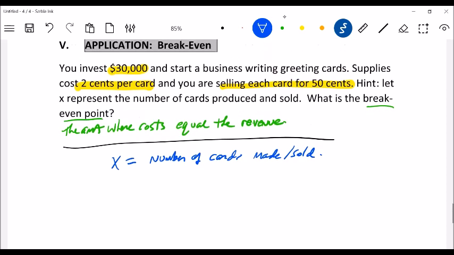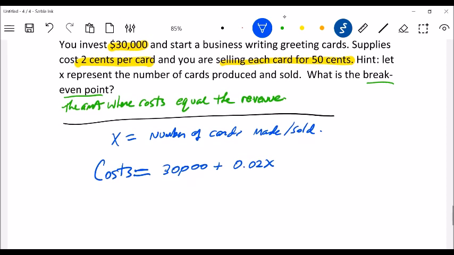Okay. So investment first, the costs. Your costs are equal to your investment amount of 30,000 plus all the supplies you need in order to make the cards, which is 0.02x. So we have one equation right there. Then we have another equation, revenue.